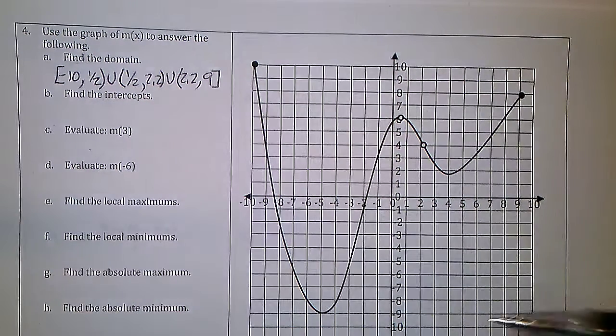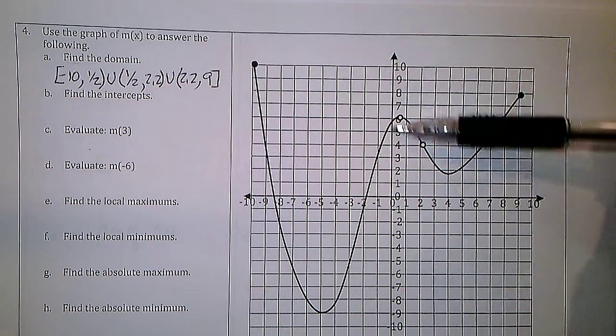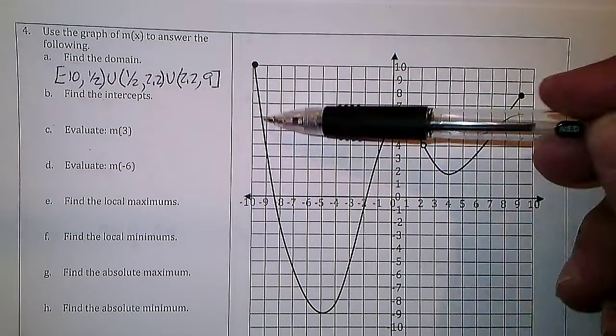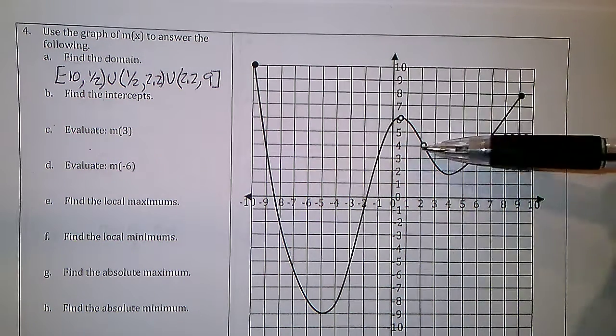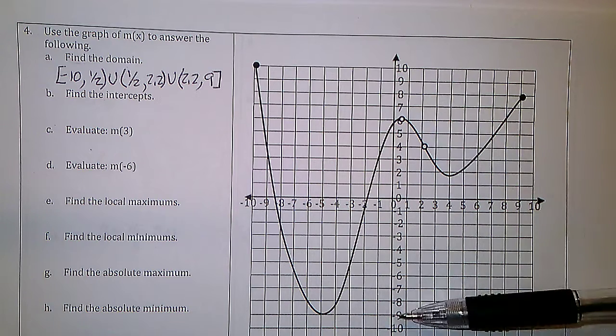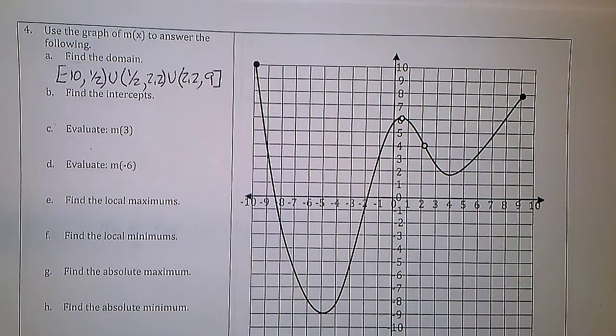Now, if I asked you for the range, it would be from -9 up to 10, and I don't have to worry about the holes because I got values here and here for the hole, and here and there for that hole. So I have all the values from -9 up to 10. But I didn't ask for the range on this one.